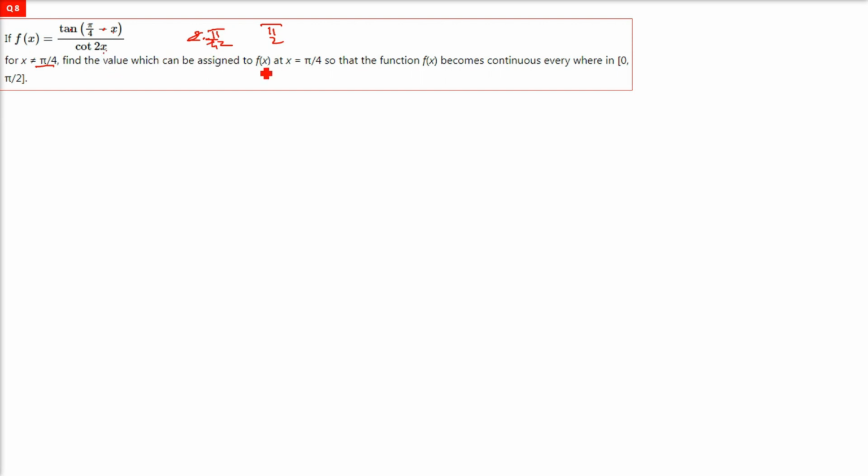That is not a value we can comprehend. We don't want any value to be 0 by 0, 0 by infinity, infinity by infinity, like that.